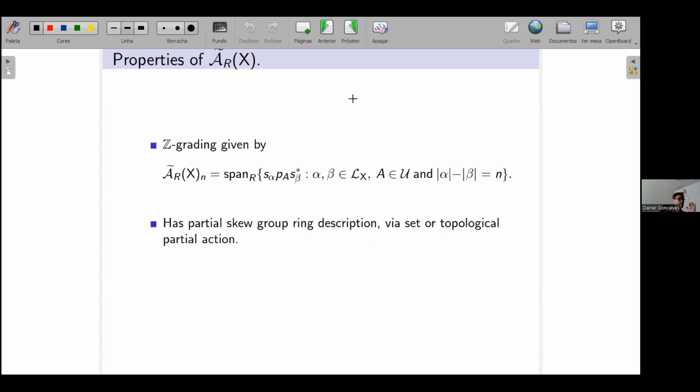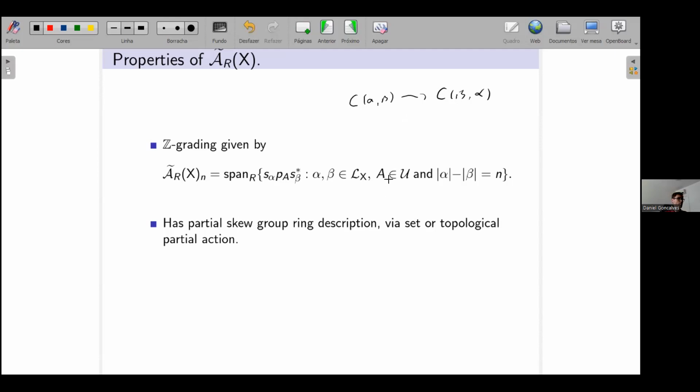The subsets of the partial action are just going to be the C alpha beta, and we send them to C beta alpha, by erasing beta and placing alpha in front. We can then look at the characteristic functions of these sets and get just an algebraic partial action.